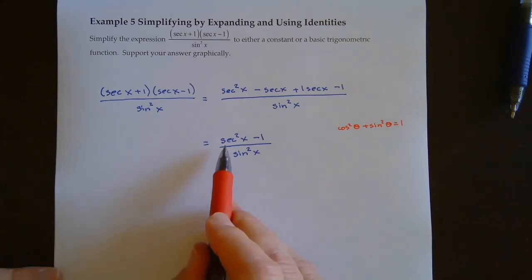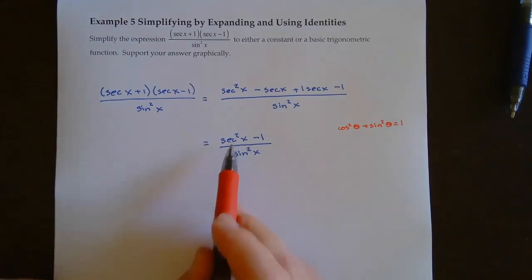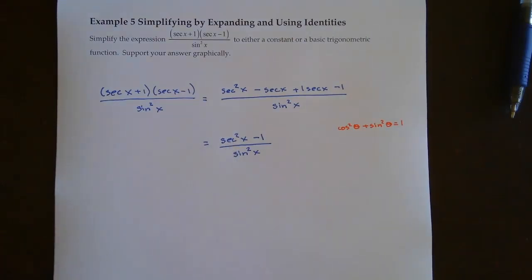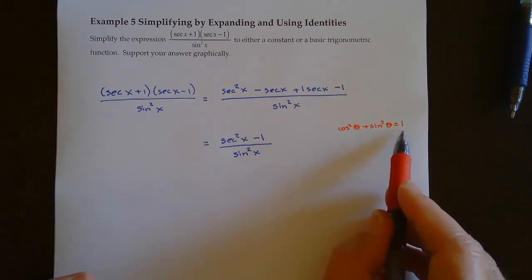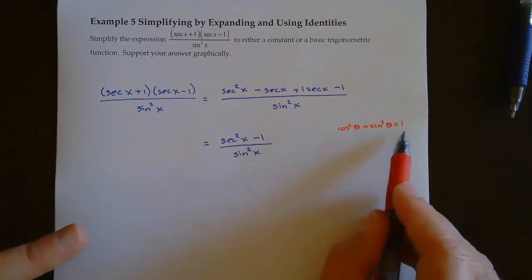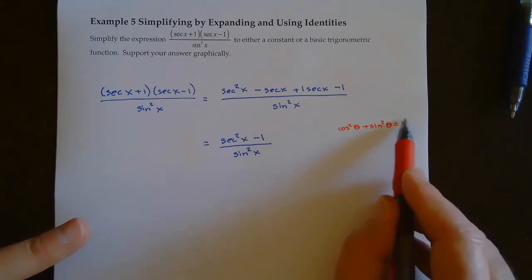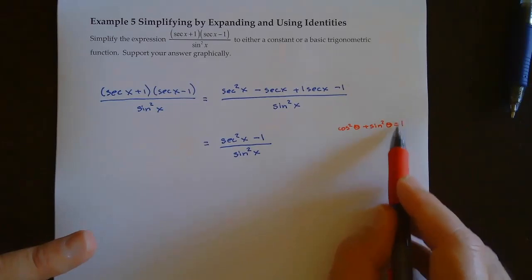Okay, how do you get secant squared theta, right? You get secant squared theta by 1 over cosine squared theta, okay? So this is a Pythagorean identity I know, right? If I divide each of these by cosine squared theta, this is going to give me a secant squared theta when I divide this 1 by cosine squared theta, okay?